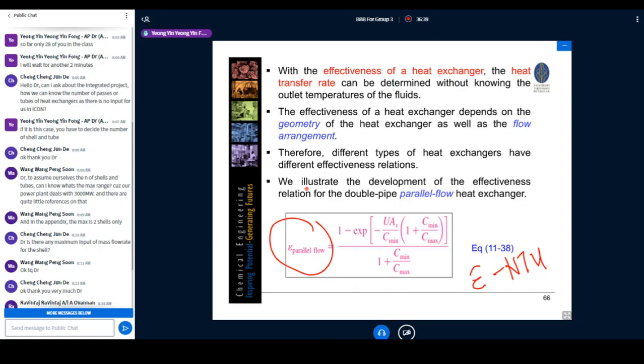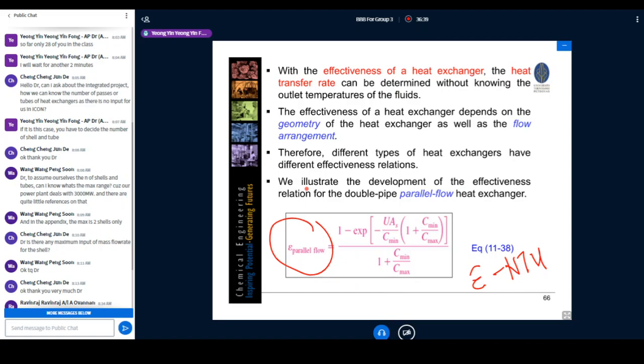U is the overall heat transfer coefficient that you learned in the previous class. Cmin I introduced just now, and As is the surface area. So you can define the NTU already. For specific values of U and Cmin, the value of NTU is a measure of surface area.